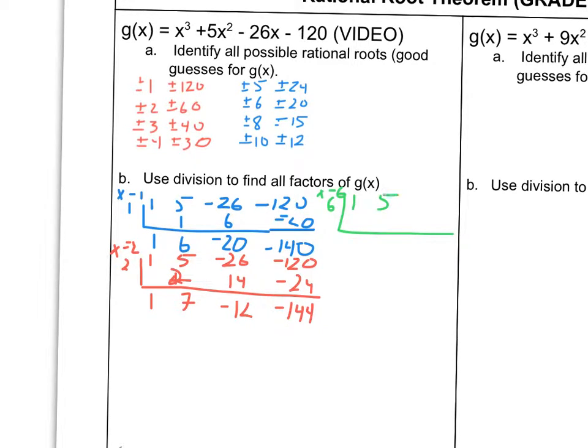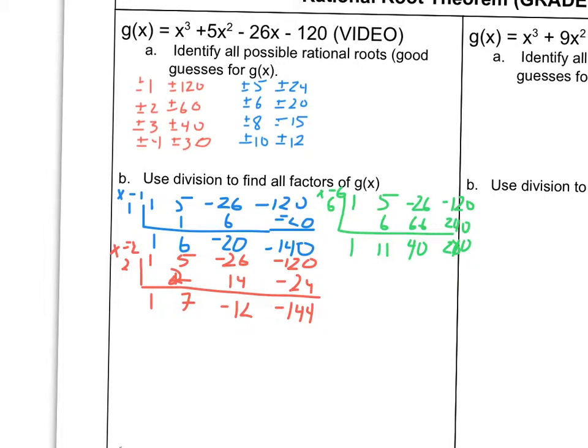So 1, 5, negative 26, negative 120. 1, 6, 11, 66. Oh, this is looking more promising. I'm getting weird things going on here. And that's going to be 40, and 6 times 40 is 240, and that still gives me something that doesn't work, but now my numbers are really big.